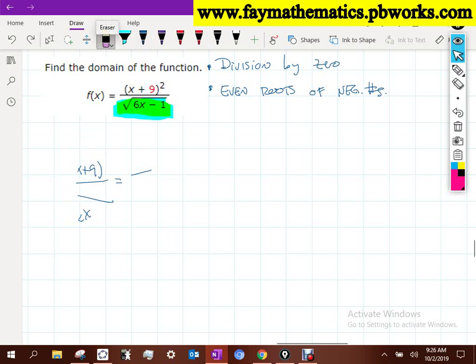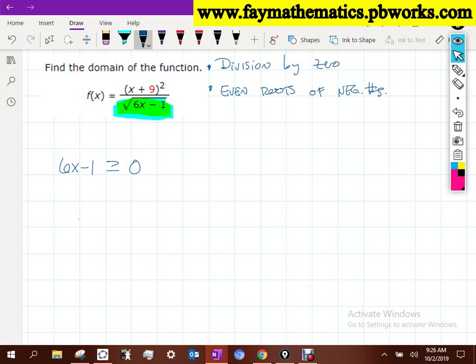But the denominator is a problem, and the denominator has two problems here. Our denominator is 6x minus 1. With any radical, we have to say it's greater than or equal to 0, right? You cannot take the square root of a negative, which means you can take the square root of 0 or anything that's positive. So we're looking at square roots of non-negative numbers.